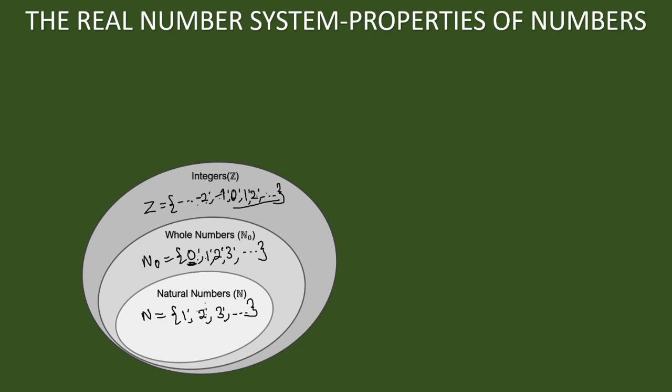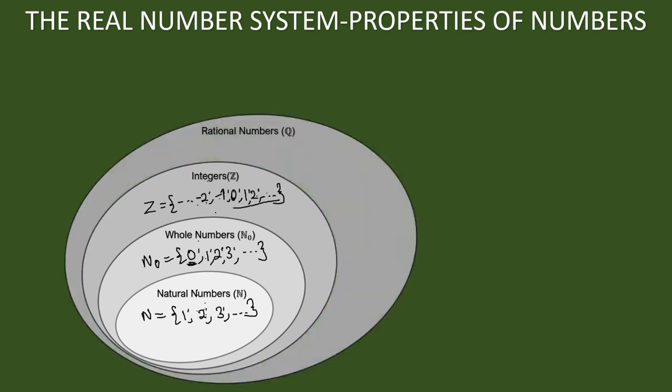And then all these three, natural numbers, whole numbers, integers, are rational numbers. They are all rational numbers. So rational numbers are composed of integers, whole numbers, natural numbers. We also have terminating decimals, like say 0.5. It's a terminating decimal.